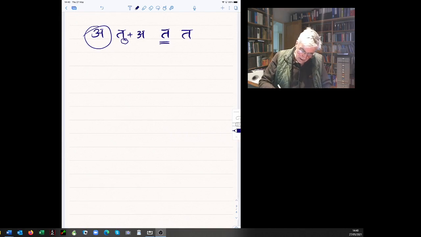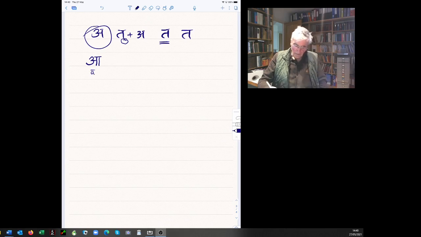Now look at the long a. As an initial, that's occurring at the beginning of a word or word group or sentence, you start off writing it like the short a, but with another upright bar, and this makes long a. Now, if you have to write ta, you don't write the full vowel sign.